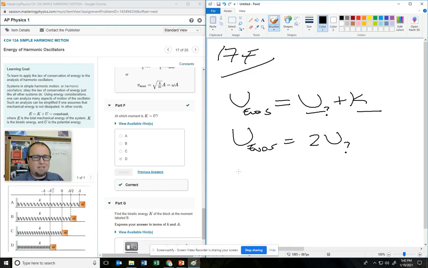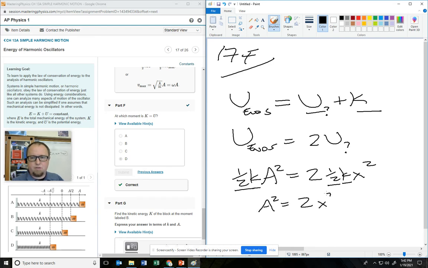So the potential energy at the ends is 1/2 k amplitude squared. Potential energy at some unknown position is 1/2 k, we're just going to call it x, squared. The halves cancel. The 2 doesn't though. The k's cancel. Okay, so I have a squared equals 2x squared.